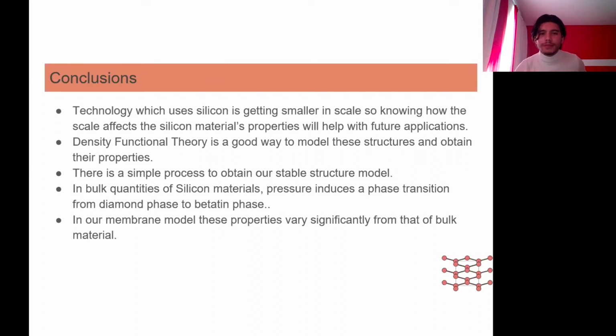Was there another question out there? I do have a quick question. Could you explain the negative pressure and the reverse transition that you talked about in that last summary slide? Well, this was done by taking the equation of state of the diamond phase and beta tin phase for both data sets, the membrane and the bulk.